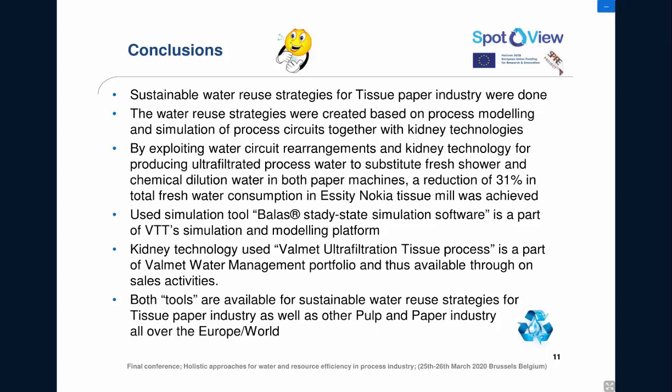In general, if we have this kind of middle-sized tissue mill, I asked Pasi Nurminen from Valmet, it produces about 1,080 tons, or about 2,000 tons of paper per day, with one paper machine.